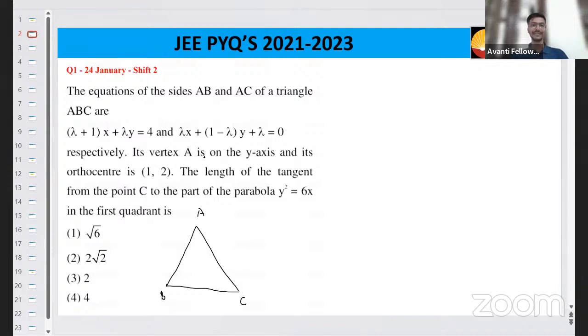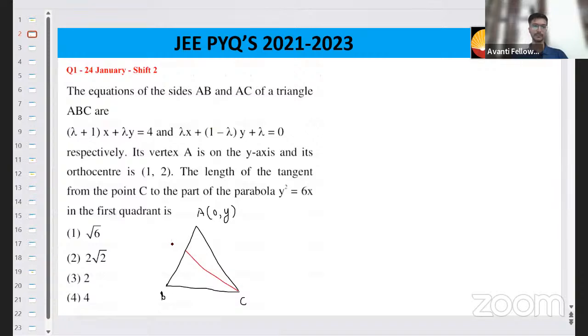Its vertex A is on the y-axis. So if A is on the y-axis, its coordinates will be 0, comma y. Correct? Orthocenter is at 1, comma 2. I hope you know what is orthocenter. Orthocenter means the point of intersection of altitudes.